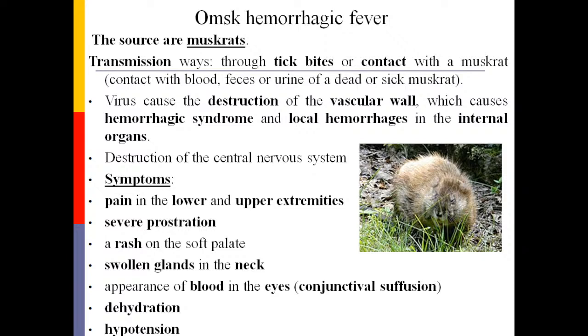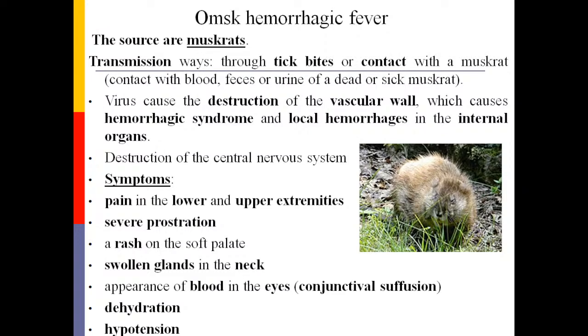Transmission is through biting of ticks, or sometimes through contact with a muskrat, contact with blood, feathers, or urine of a dead or sick muskrat. Muskrats are objects for hunters. That's why hunters are at risk of being infected with Omsk hemorrhagic fever.